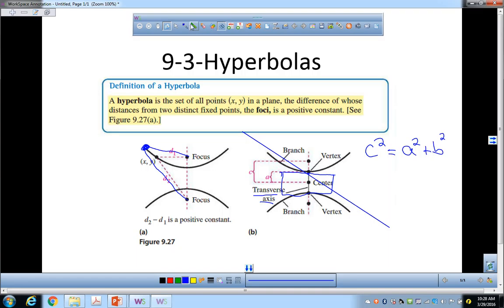But with a hyperbola, you have asymptotes, and b represents the x direction, or if it's going the other way, the y direction, of the asymptotes. I'll show you what I mean later on. b kind of controls how wide this curve is. We'll talk about b later on, but right now we'll just worry about a and c. Okay, so we're good to move on?